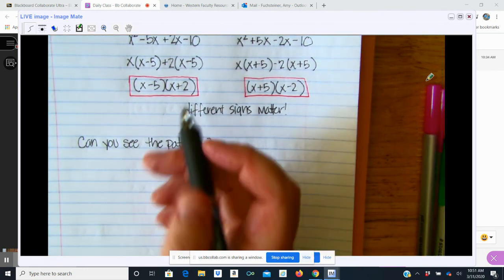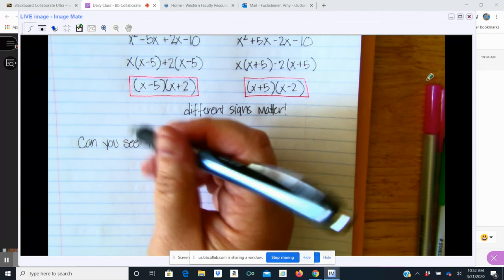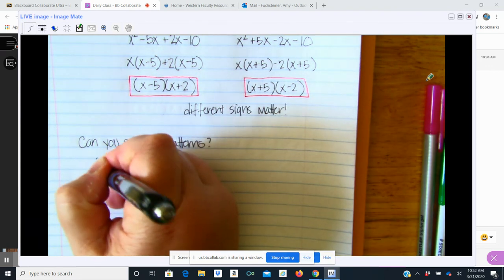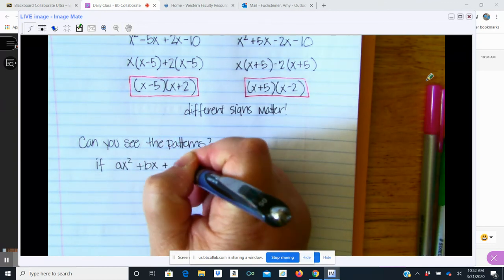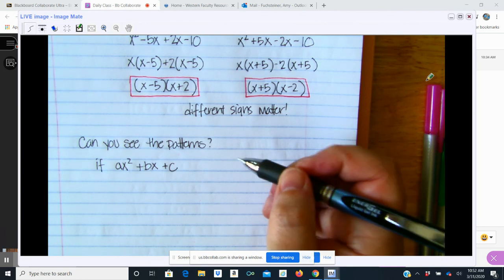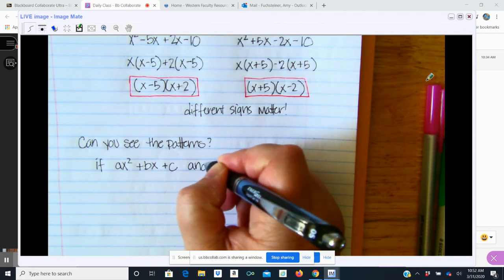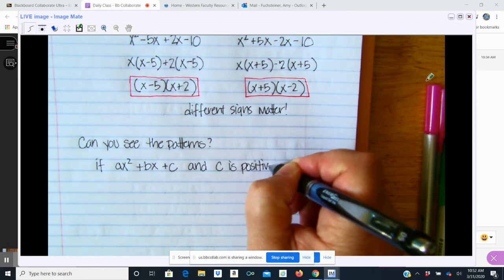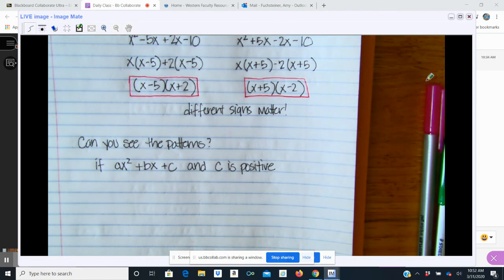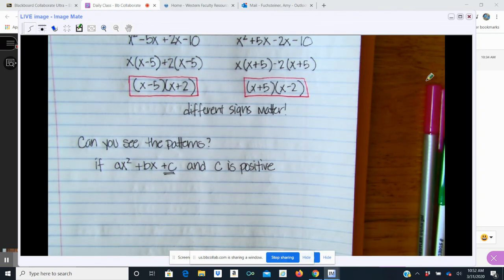All right, there are some patterns here, and I'm curious as to whether or not you can see them. If you have ax squared plus bx plus c, and c is positive, what does that tell you?